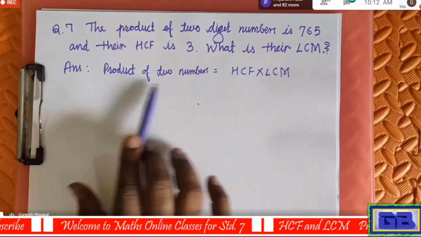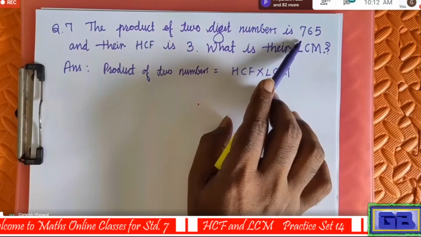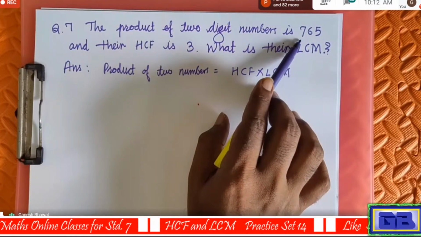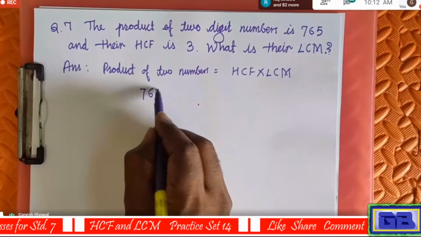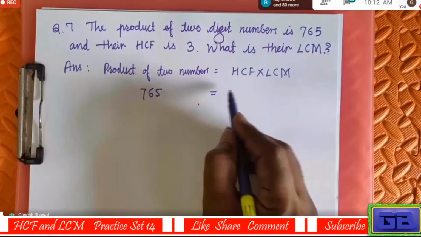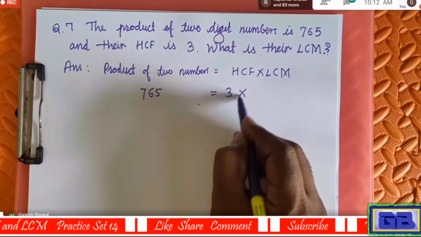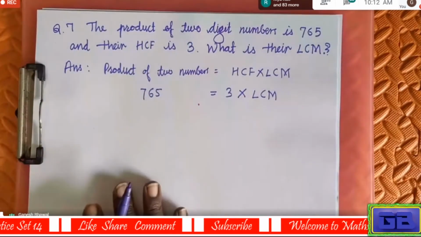Here two separate numbers are not given, but their multiplication, the product, is given: 765 equals HCF, which is given as 3, but we don't know LCM. So write down LCM as it is.